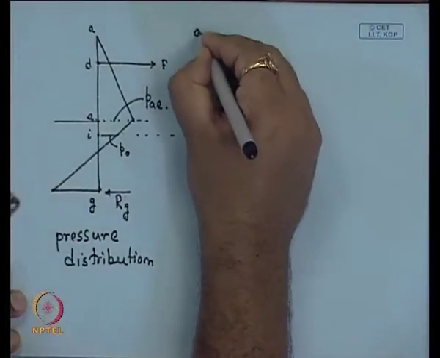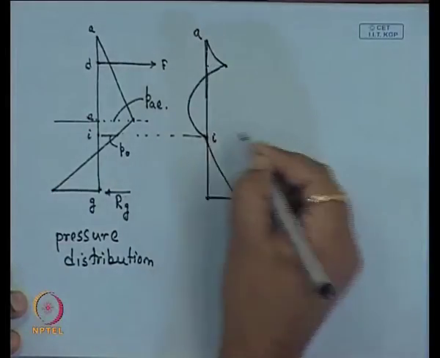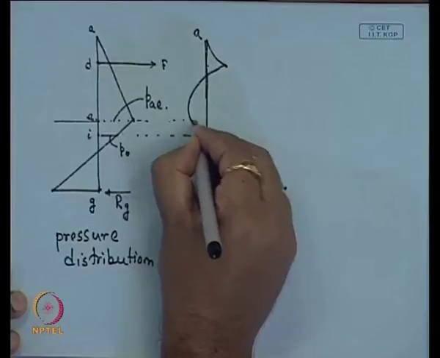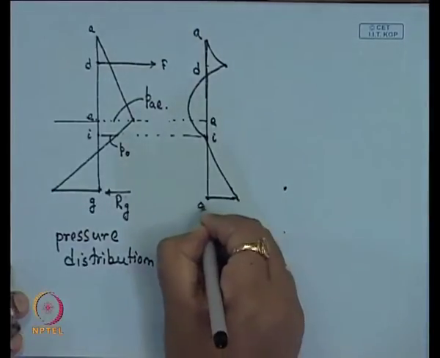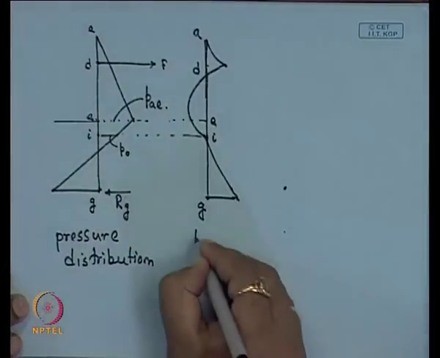So, this is the A point, this is the I point, this is the E point, this is the D point, and this is the G point. This is the bending moment diagram.